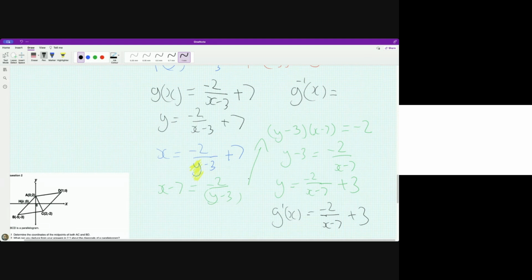Okay, fantastic. And let's just check that everything is good. So if I say to you, what is the g of, let's say, what is the g of 8? What is the g of 8 going to be equal to?